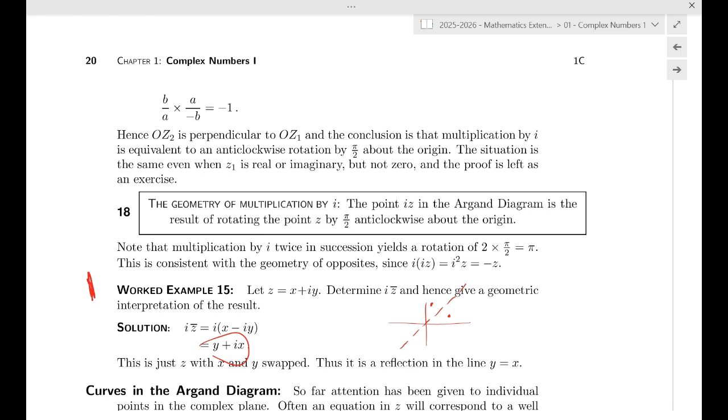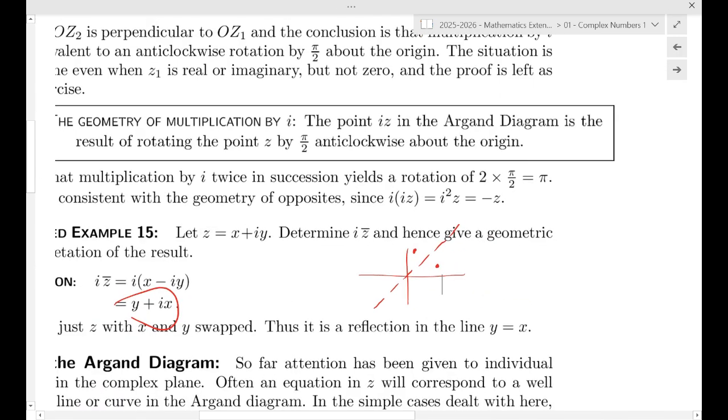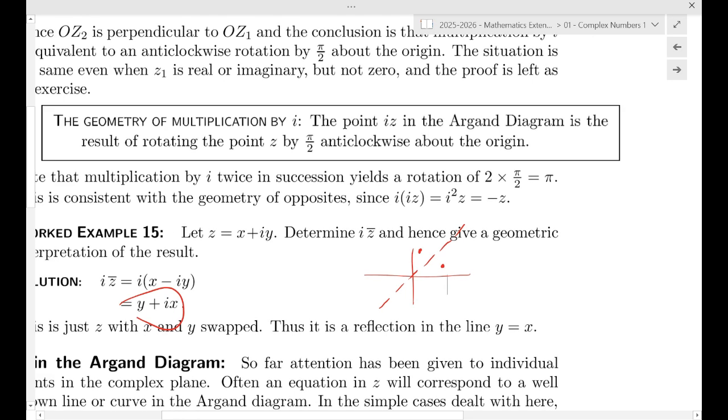Where is the first point, the Z equals X plus IY point? There? Yeah. So is it at, like, X is 1? Yeah, what I've done, because we didn't get given anything, is I've gone, okay, let's make X 2 and then Y 1. I've just done it that way because if I did it on the 45 degree line, it wouldn't have moved. Because the X and the Y would have been the same, so you wouldn't have seen the swap.